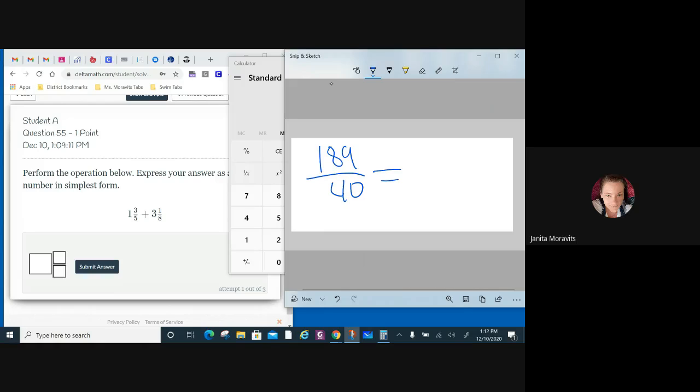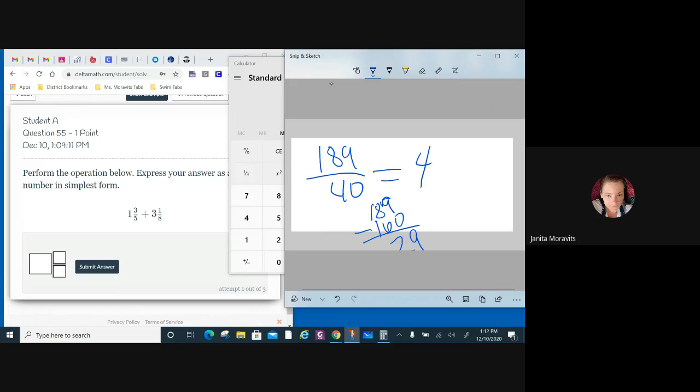So how many times will 40 go into 189? Well, 40 times 1 is 40, times 2 is 80, times 3 is 120, times 4 is 160, and times 5 is 200. So 4 is about all we can get out of that. So 160. And then we have 189 minus 160.